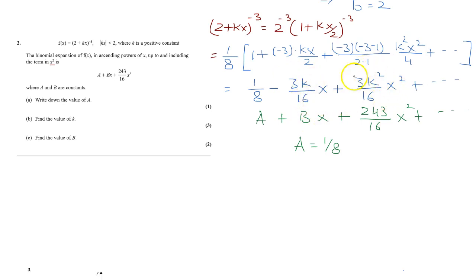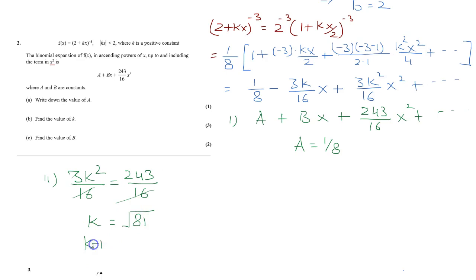We don't know the value of k, so we compare the second part. 3 k squared over 16 is equal to 243 over 16. 16 and 16 cancel, and 3 cancels to give 81. So k is equal to root 81, so k is equal to plus 9 and minus 9.